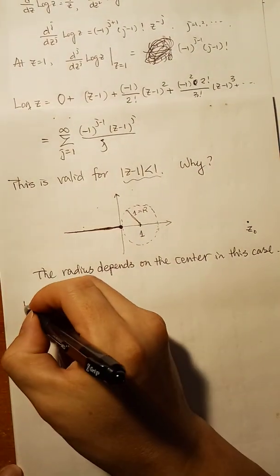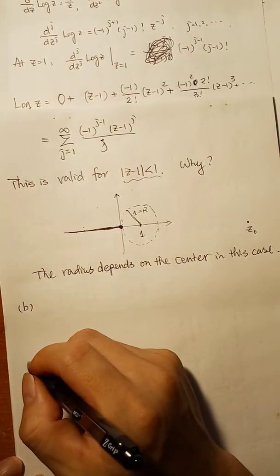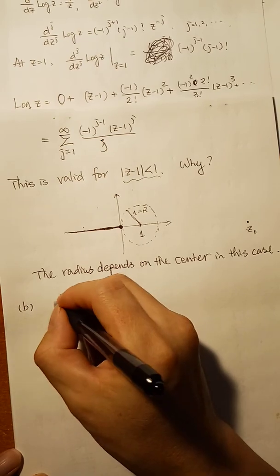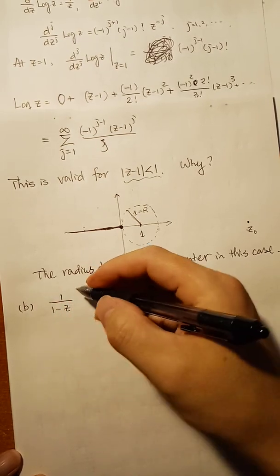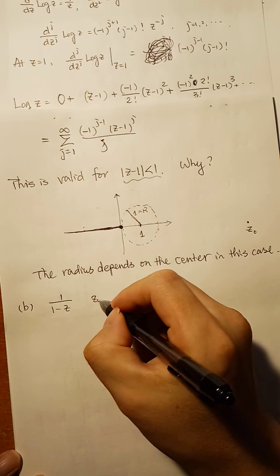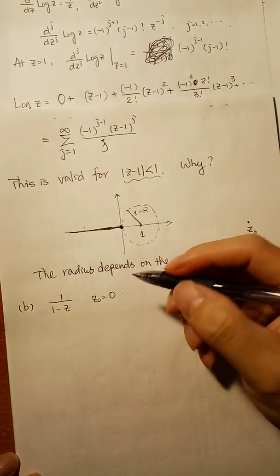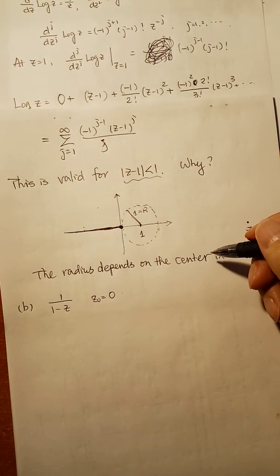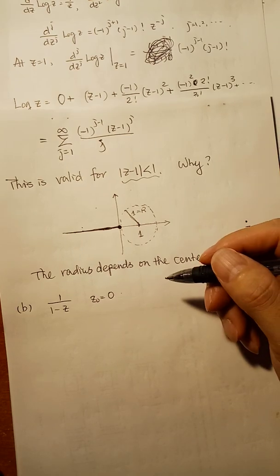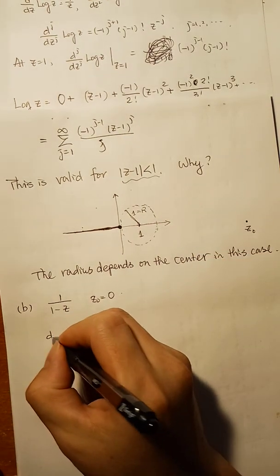Okay, next. Let's see 1 over 1 minus z around z0 equal to 0. We're talking about the Maclaurin series. Well, let's see the derivative.